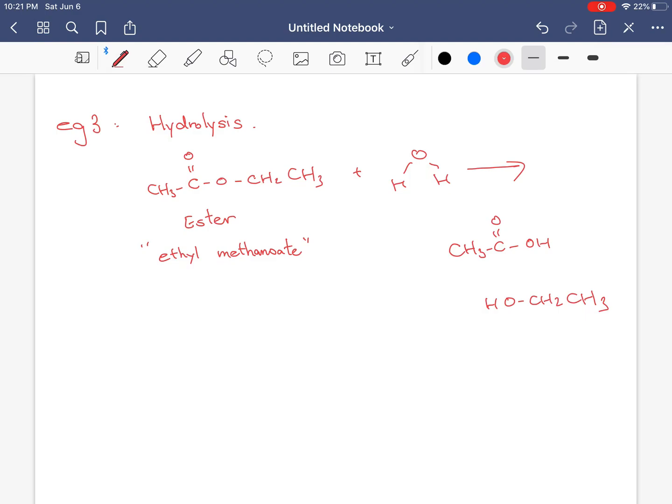So what you're going to get here is ethanoic acid and ethanol. Well, I think I made a mistake here. This is not methanoic. What am I talking about?